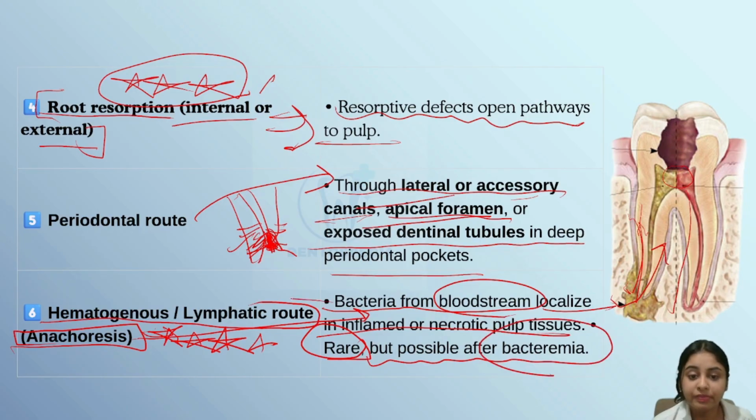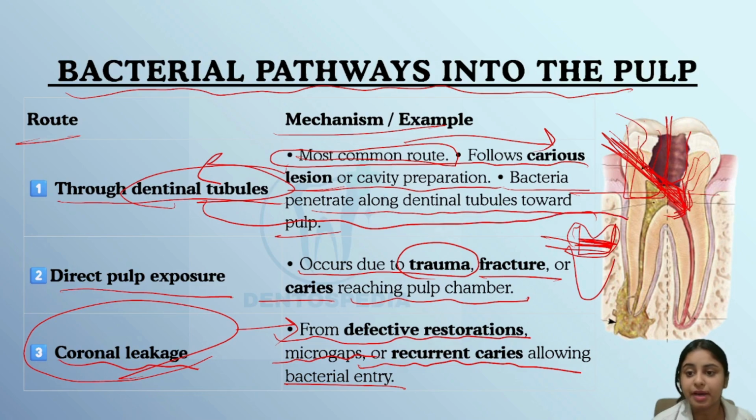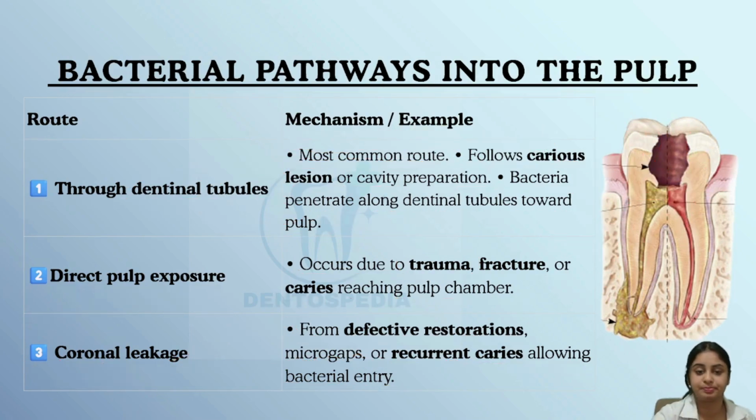So when bacteria from the bloodstream localize in inflamed or necrotic pulp, it is known as anachoresis. So these are the most common routes or pathways by which bacteria invade the pulp, in which the most common route is the carious lesion. Through the carious lesion they enter the dentinal tubules, and from the dentinal tubules the bacteria enter the pulp.